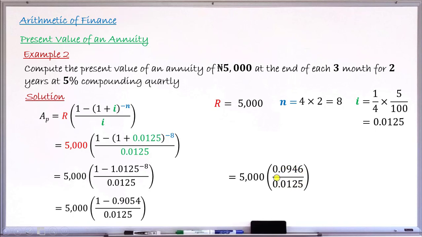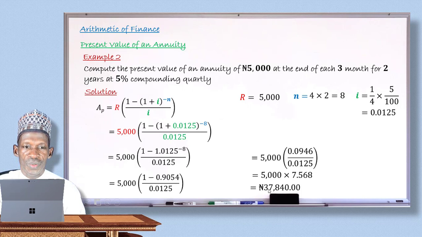If that division is done correctly, you now have 7.568. And now finally multiply 5,000 by 7.568. If that multiplication is done correctly, you now have 37,840 naira.